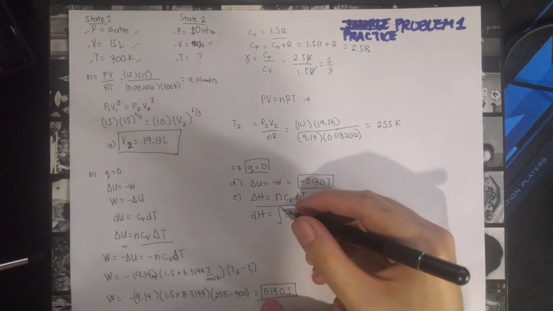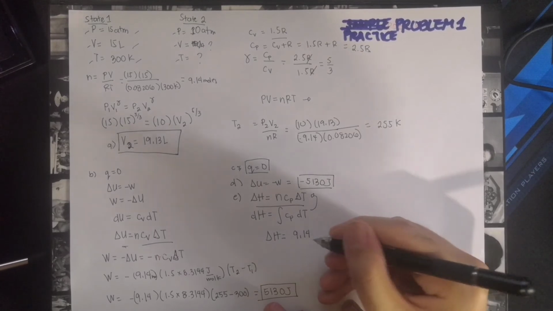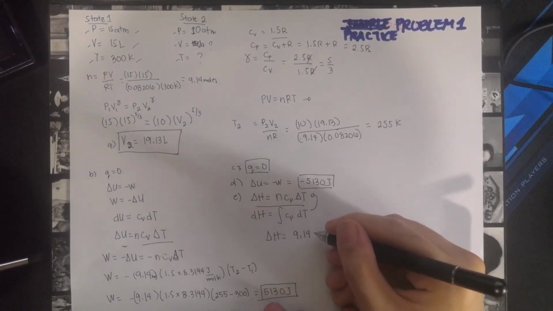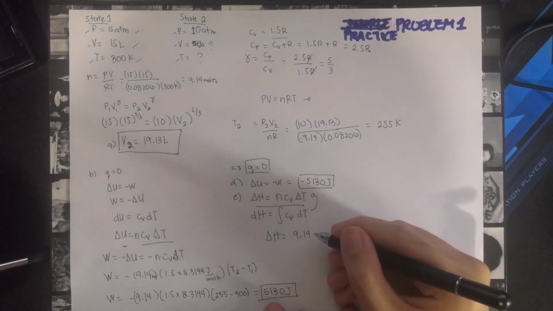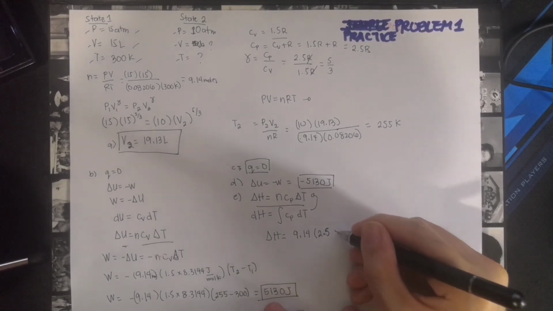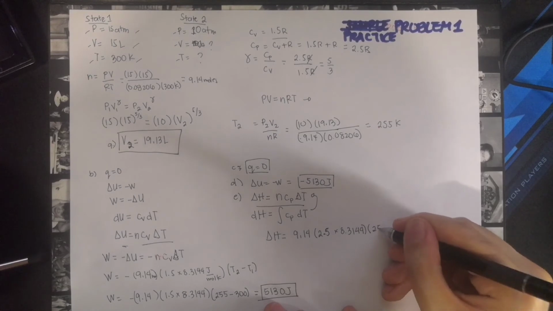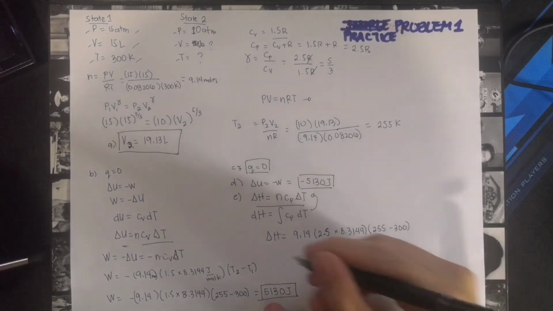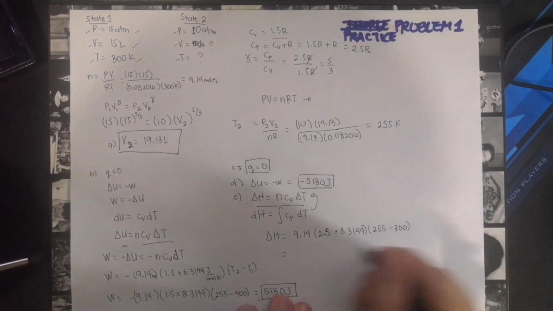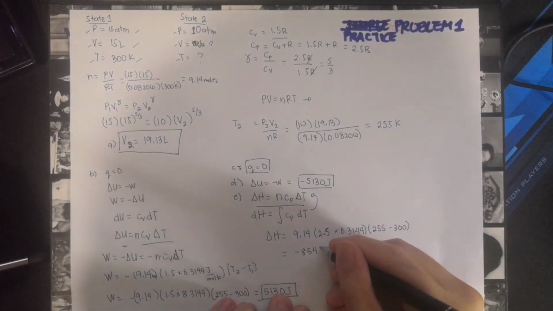Then delta H will be equal to 9.14 times Cp. Our Cp would be equal to 2.5 times R, which is 8.3144. And you have delta T, which is 255 minus 300. Using your calculator, you will get negative 8,549 joules.